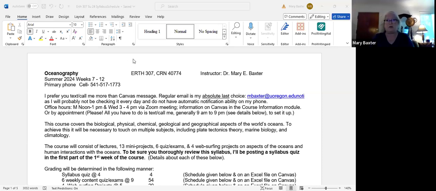In that module is the syllabus, plus 2 Excel files that have calendars: one for the web surfing projects and the course content quizzes, and two, for the mini projects that you will need to do throughout the 6-week term.